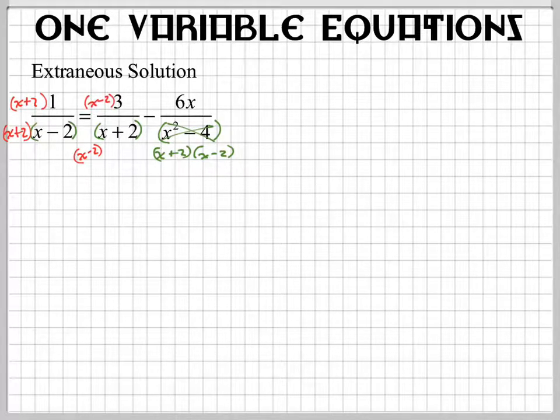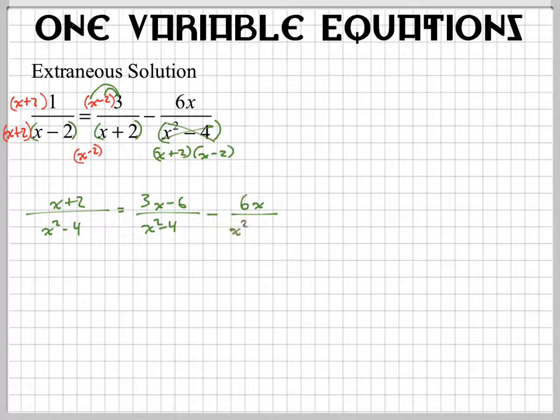So let's write out what we have now. On the left side we have x plus 2 over x squared minus 4. I went ahead and simplified it. On the other side we distribute this 3 right here. So we have 3x minus 6 over x squared minus 4 minus 6x over x squared minus 4.